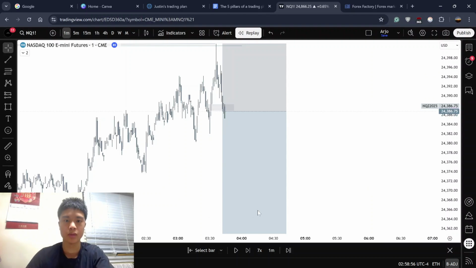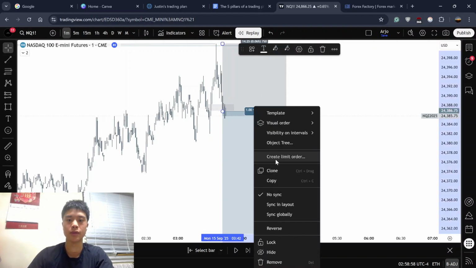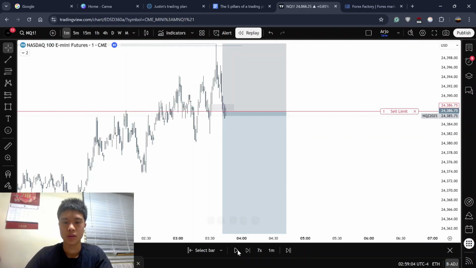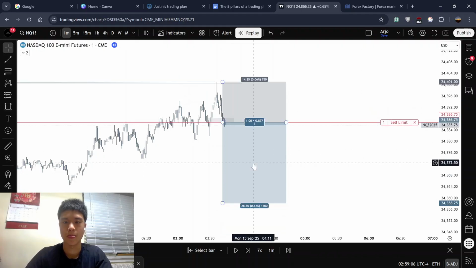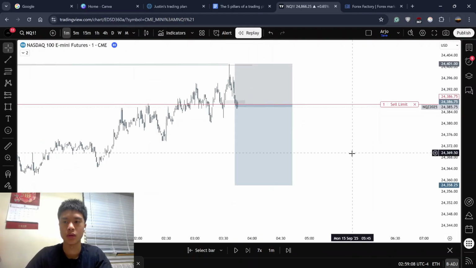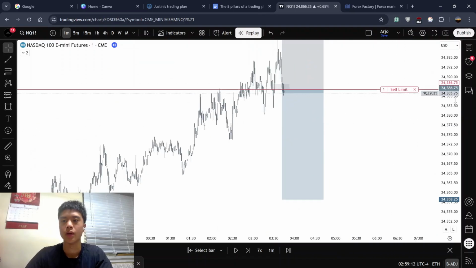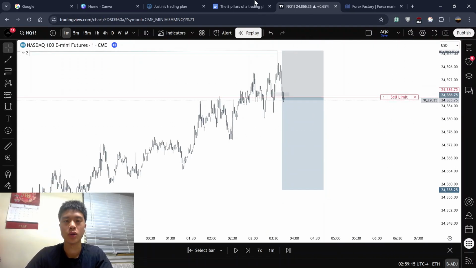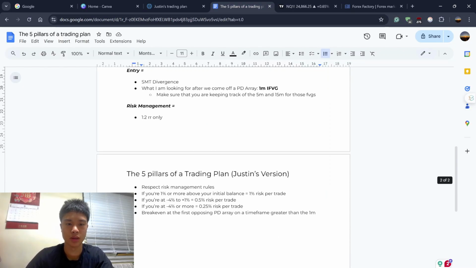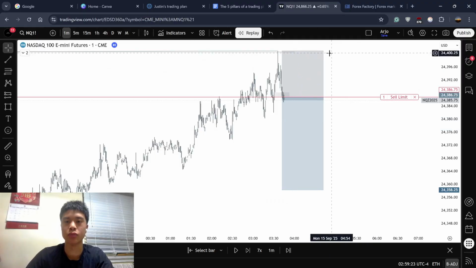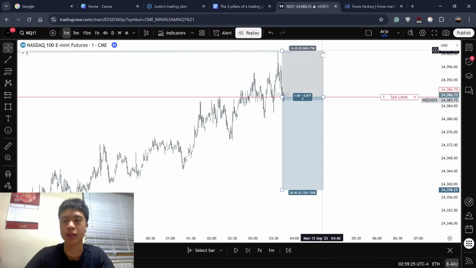Okay, so we can see this inversion fair value gap get traded into. We can sell one contract. I don't know how much money we'll make, but this is just an example. You should be following your risk management plan right here. I can't really see what the percentage is that I'm risking because I would literally have to calculate that.